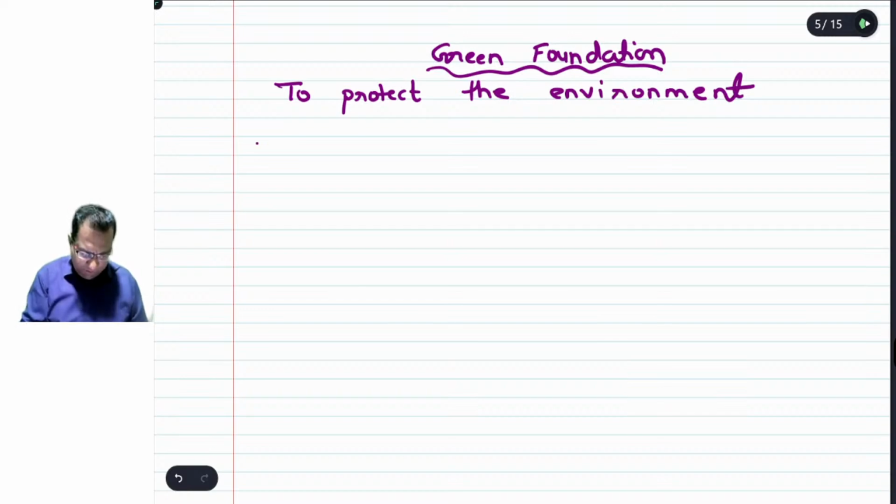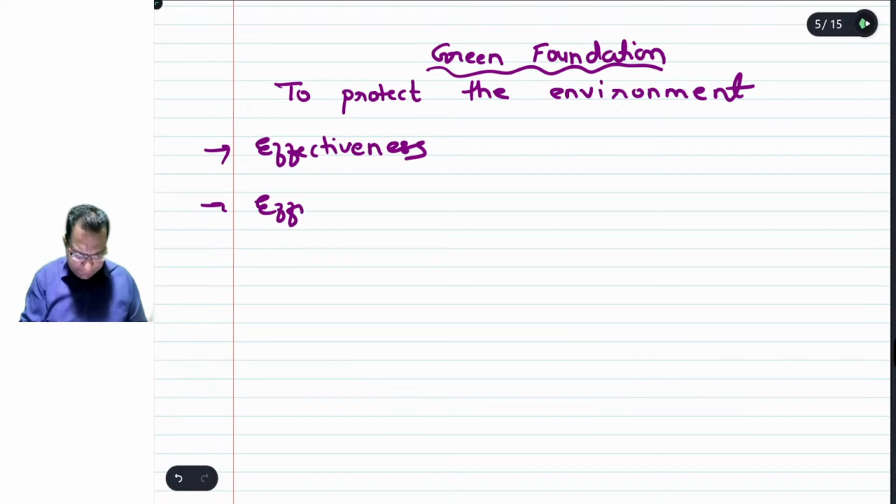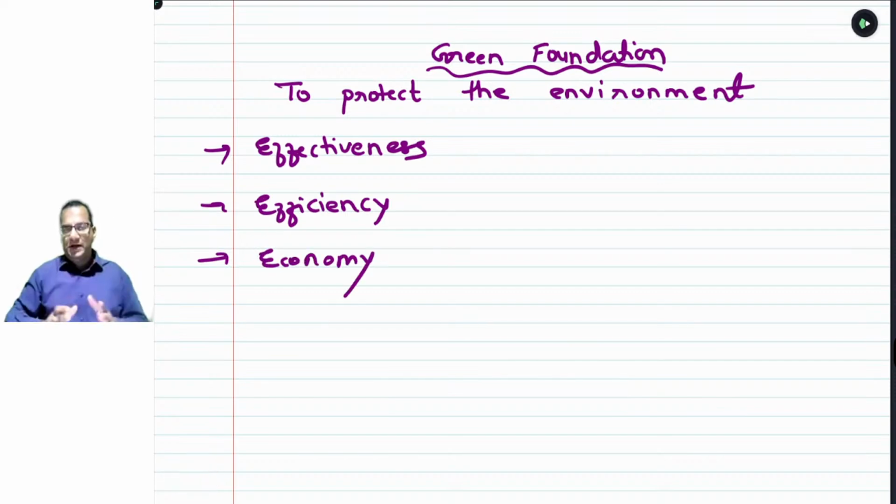Come on beta, now tell me what will be covered under the head effectiveness, what will be covered under the head efficiency, what will be covered under the head economy. Right? Once again I am providing you 5 minutes of time. Think beta, this Green Foundation, their sole purpose is to protect the environment. How will you check whether they are effective, whether they are efficient, and whether their transactions during the year are economical or not.